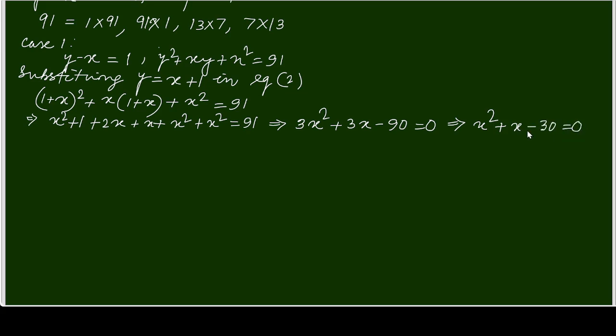This gives us two factors, (x plus 6) and (x minus 5) equals 0. So x has two values now: x equals negative 6 and x equals 5. When x equals negative 6, y is 1 plus x, so y will be negative 5.